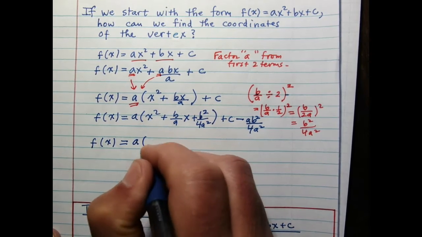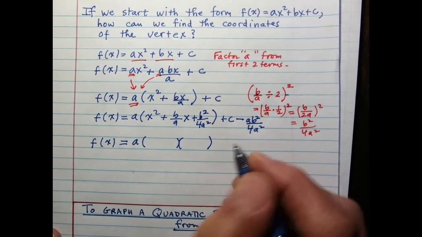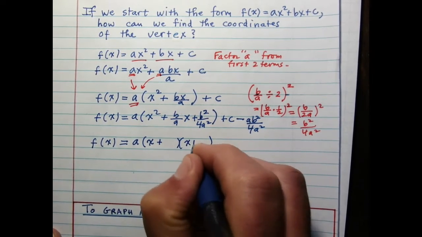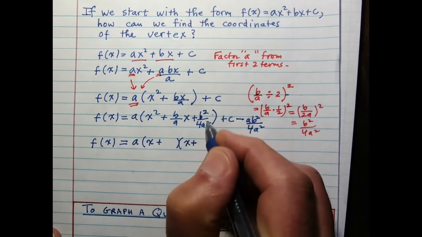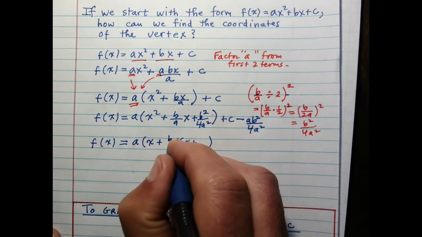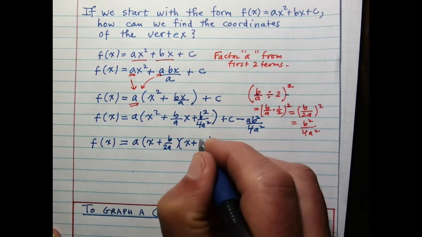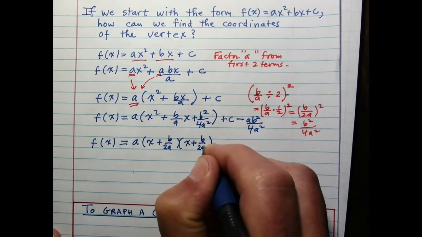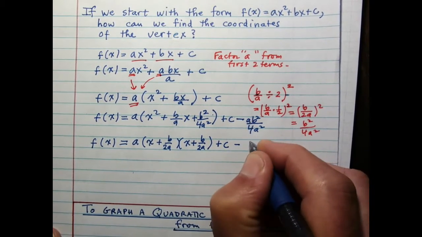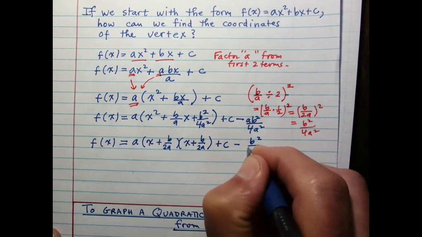Now we want to be able to factor inside parentheses, and it's going to be x plus, x plus. You can take square roots, and b over 2a is going to work. I have plus c minus, I can cancel an a there, so I have b squared over just 4a.